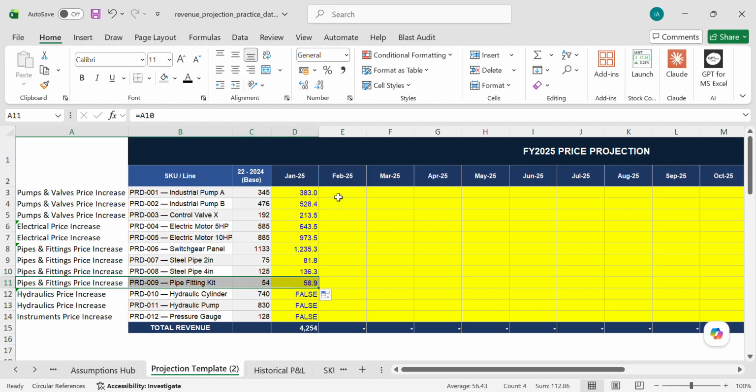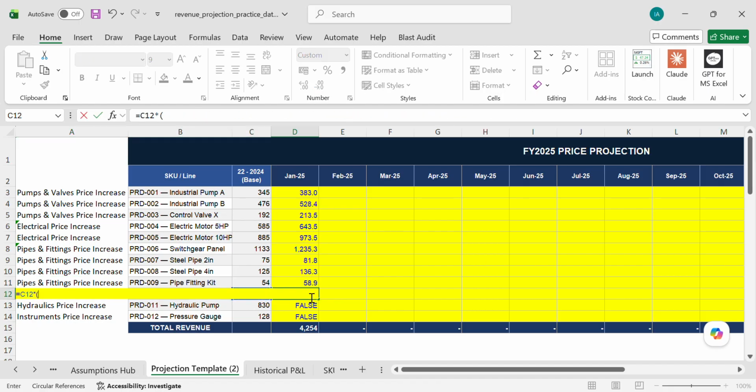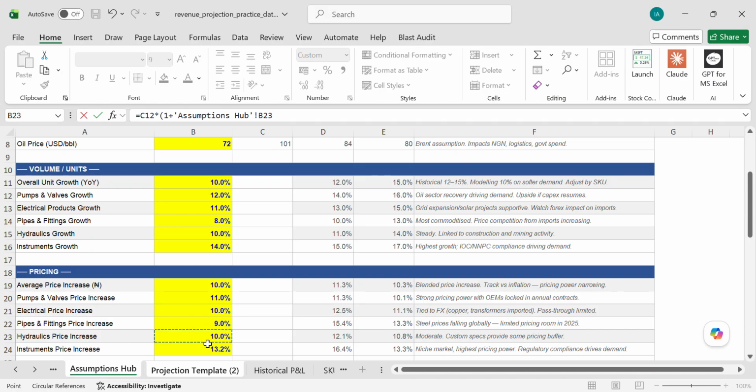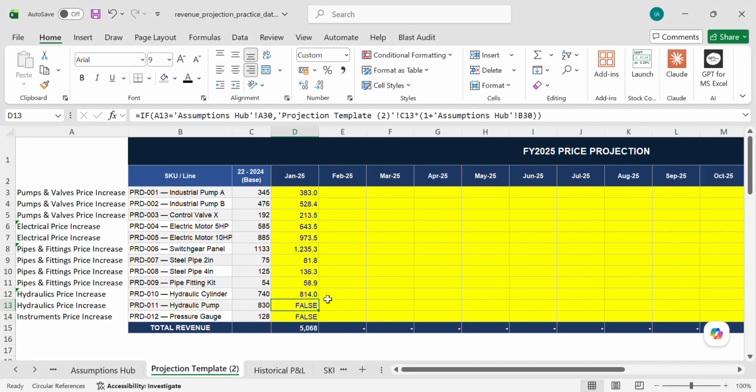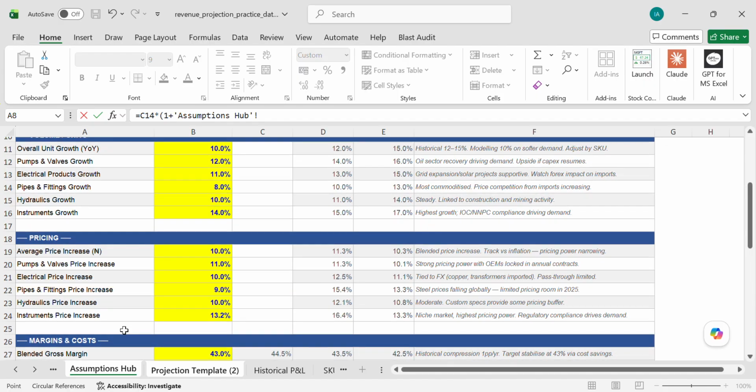So this is now our new price. So we do this for this one too. 1 plus hydraulic, assumption hydraulic is this 10%. So you drag down this space and do the last one for instrument. 13 point something percent.